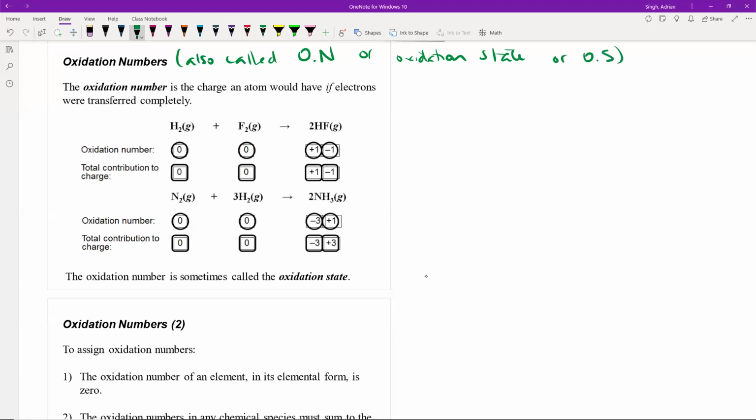You'll see any of these four things being used to refer to the same concept, which is the charge an atom would have if all of the electrons were transferred completely to it. Okay. And there are some rules for identifying oxidation numbers or oxidation states for elements in a particular compound. And there are essentially two big things to keep in mind.